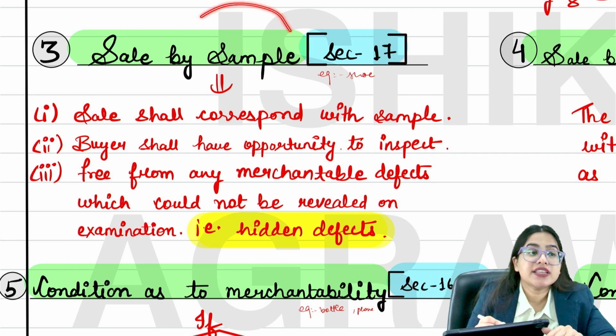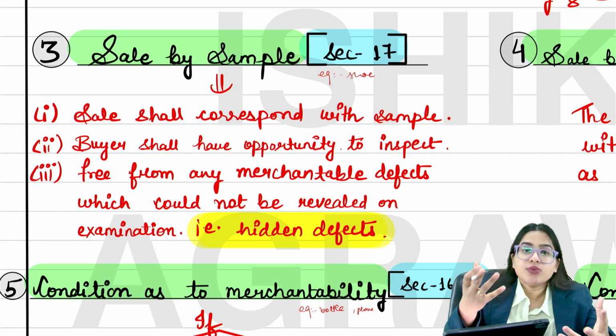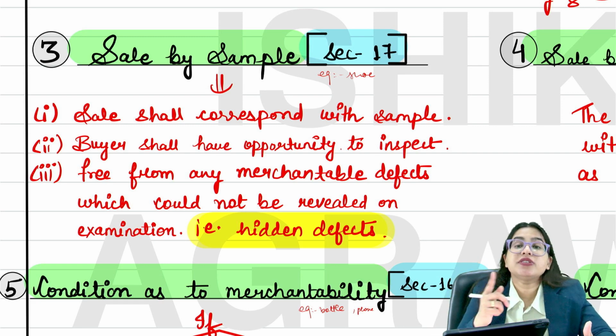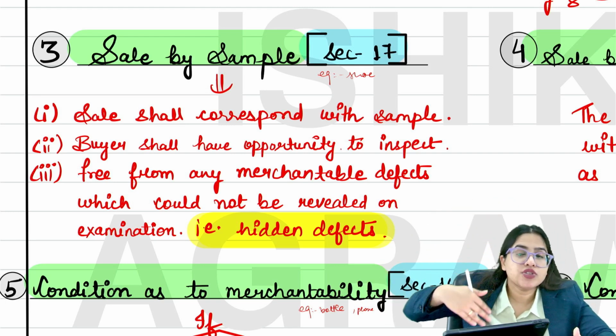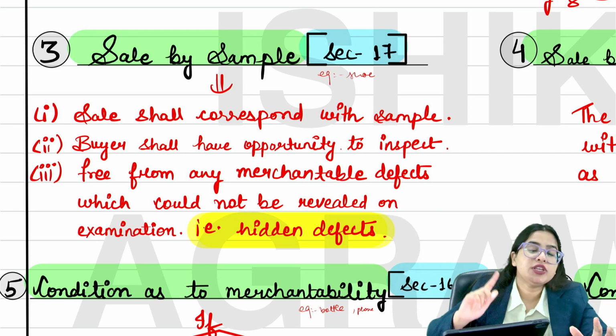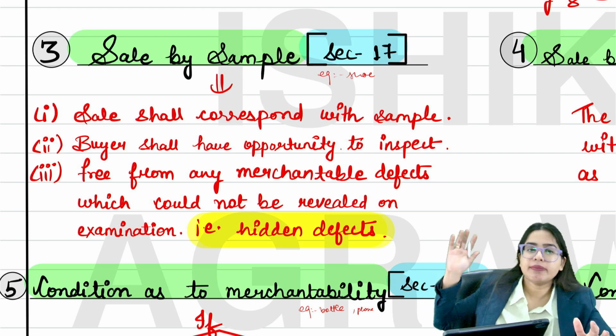So if sale is done by sample, if you are selling me rice by showing the sample, then the goods that you will supply to me should correspond to the sample. Should correspond to the sample means it should be similar to the sample. What if, let's say, the sample you showed me was good, but the actual rice you gave me is very bad quality? Then it is known as breach of implied condition. In that case, I can cancel the contract, return your rice and claim my money back.